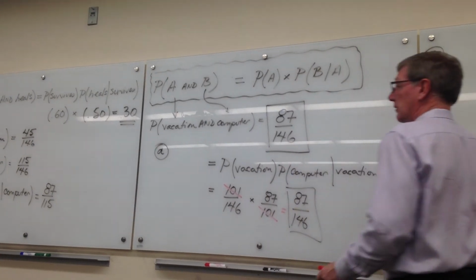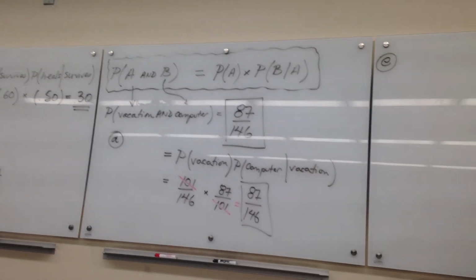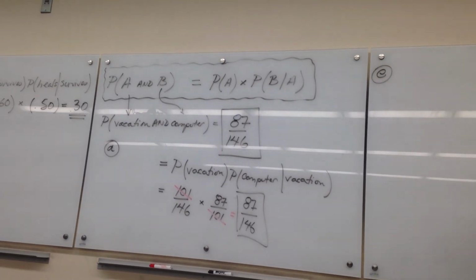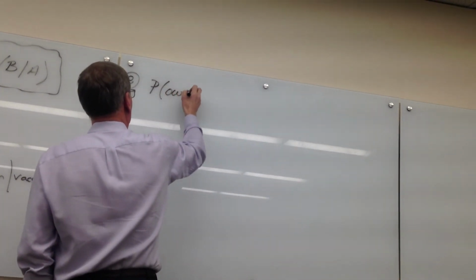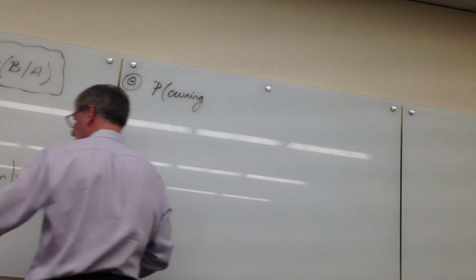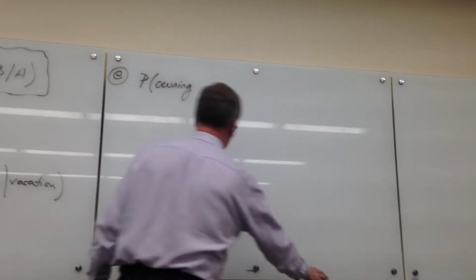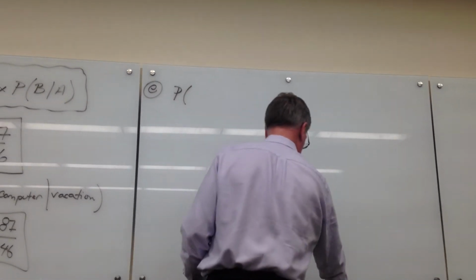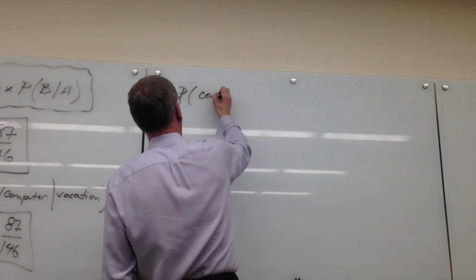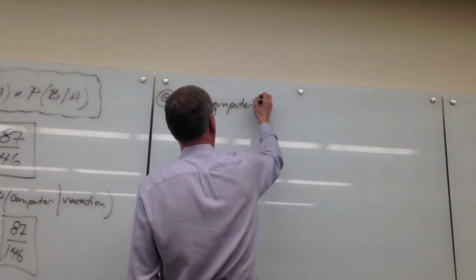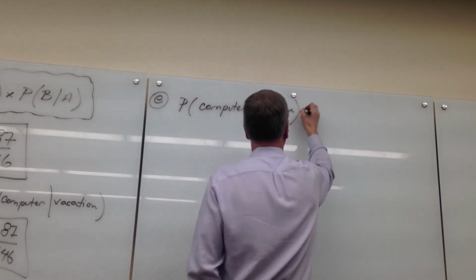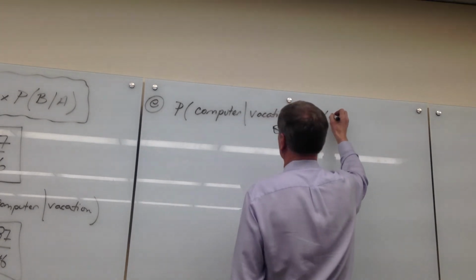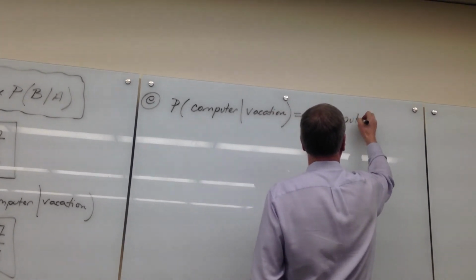Go on to E. Are the events owning a computer and taking a summer vacation this year independent or dependent events? So we can look at, what's the probability of owning a computer given vacation, is that the same as the probability of computer?